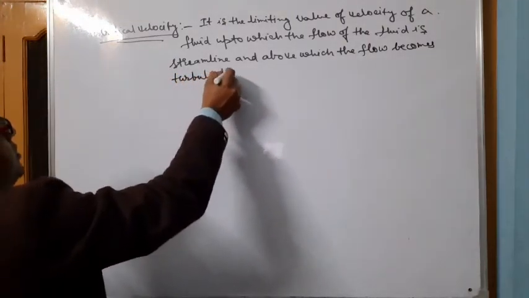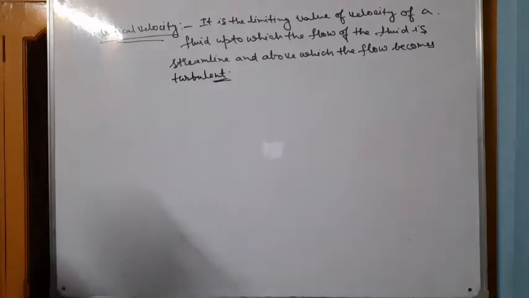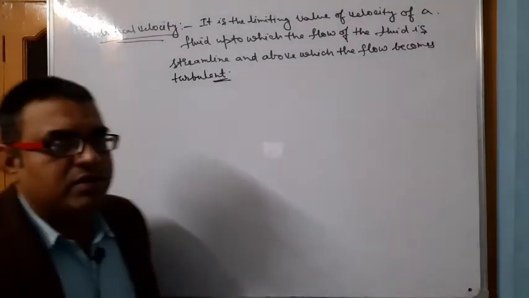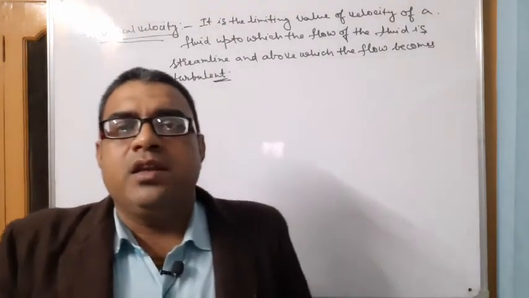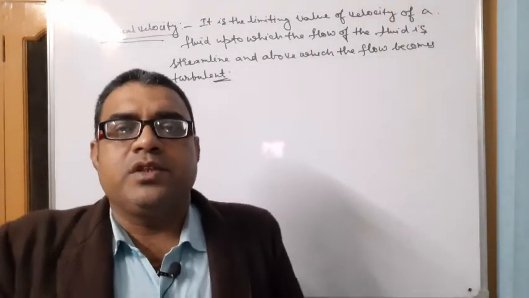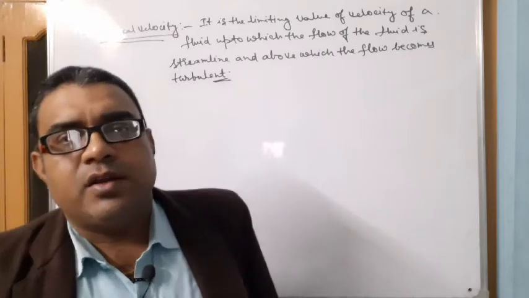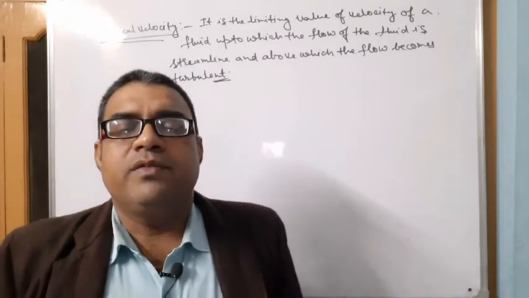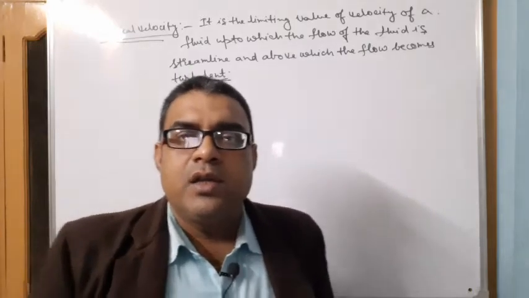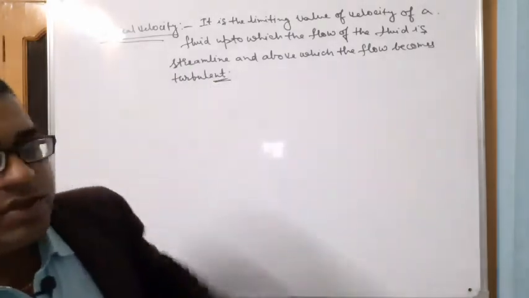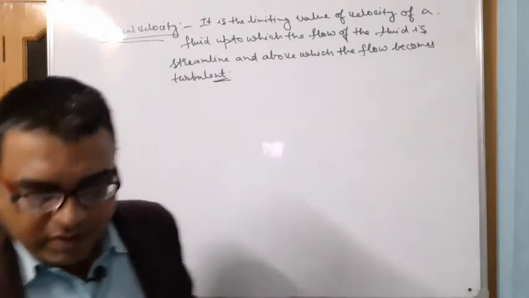That limiting value of velocity up to which the flow is streamlined is called critical velocity, and above this value of the velocity, the flow of the fluid becomes turbulent. So that type of velocity is called critical velocity.